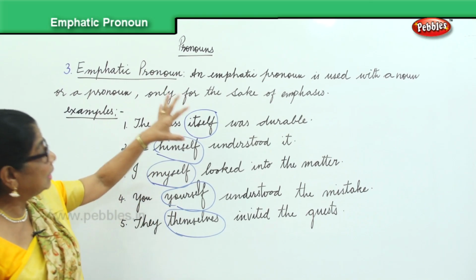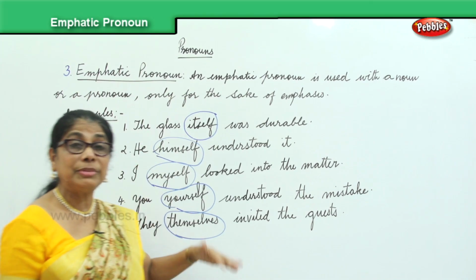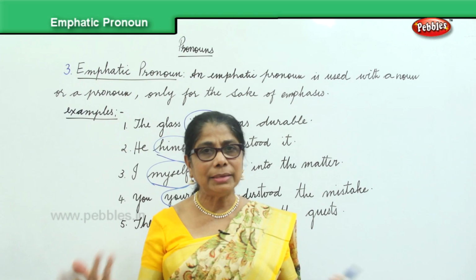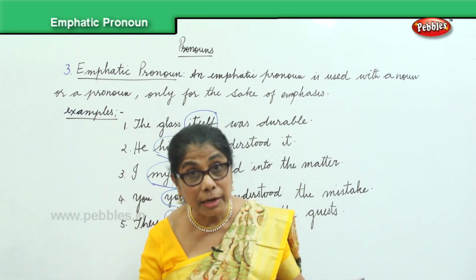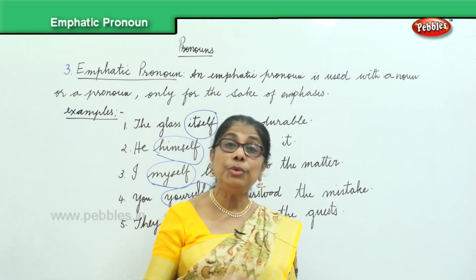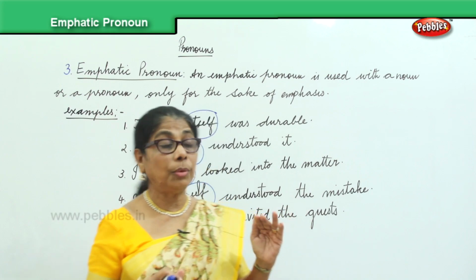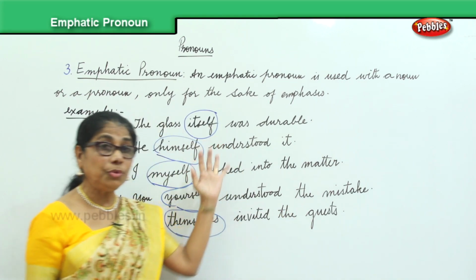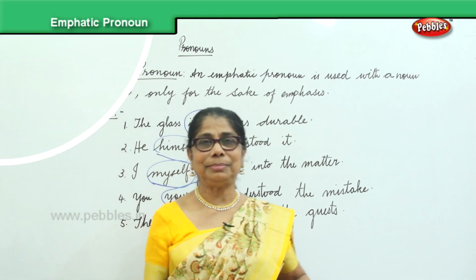Now, in this, itself, himself, myself, yourself, themselves, when you say this, you are emphasizing. You can say, I sat alone in the house. I myself sat alone. When you make emphasis, then you say emphatic pronoun. So, we have done 3 types of pronoun now, and as you go along doing exercises, you will understand better.